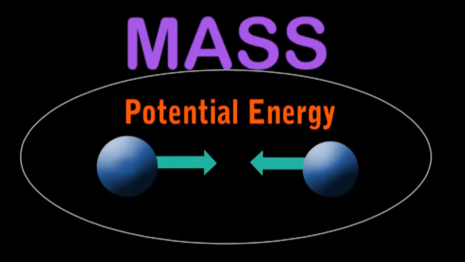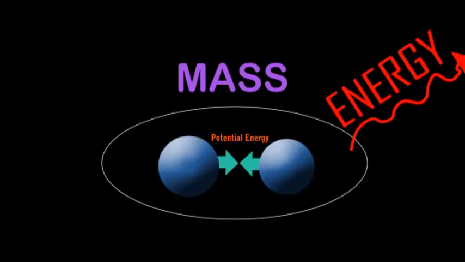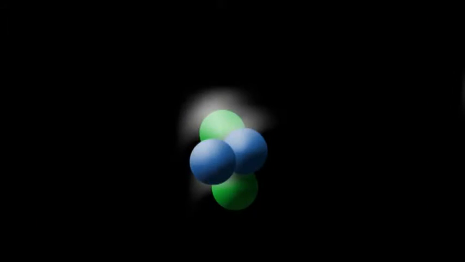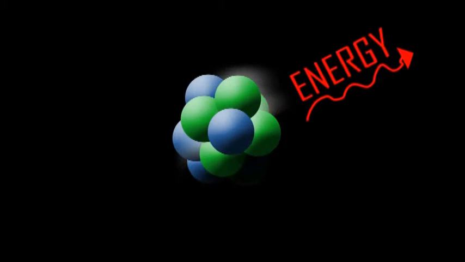Vice versa, putting particles that attract each other together decreases the overall mass of the system because you're reducing the amount of potential energy. And this is actually the energy we get out in nuclear reactions. Now, this explains why combining different nucleons into one nucleus causes energy to be released. More importantly, it shows that merging smaller nuclei into bigger nuclei can also release energy.